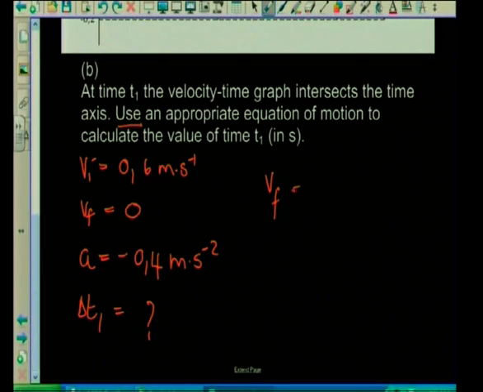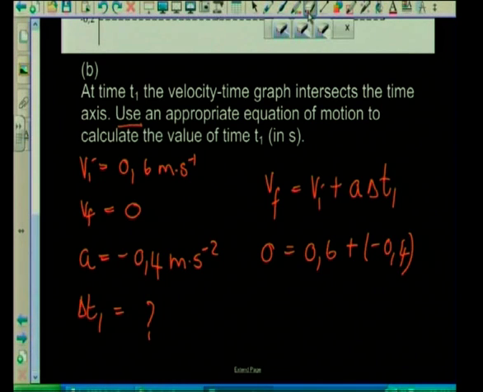We think back and go through our equations in our head and we realize, oh, this is nice because it's a nice easy equation. VF equals VI plus A. I'm using T1. So VF is 0 and VI was 0.6. A is minus 0.4. In fact, I just want to make a small correction here before you do this.